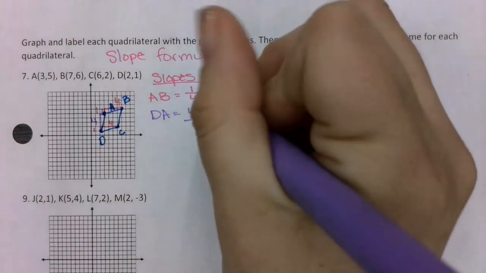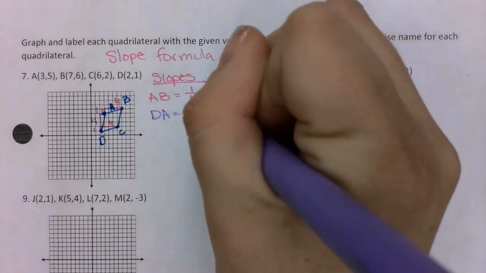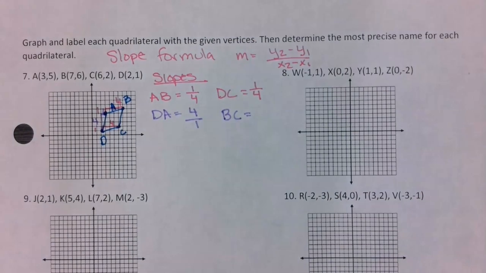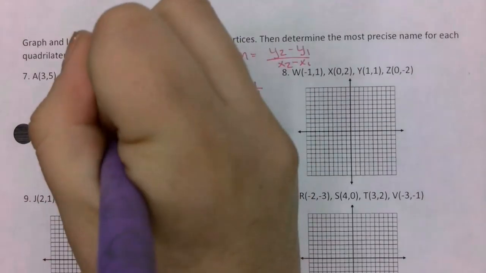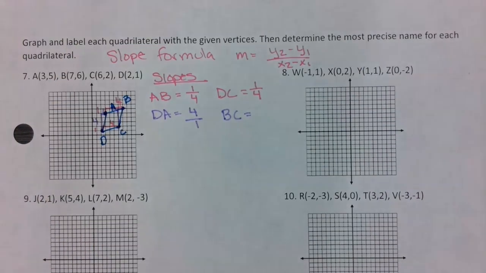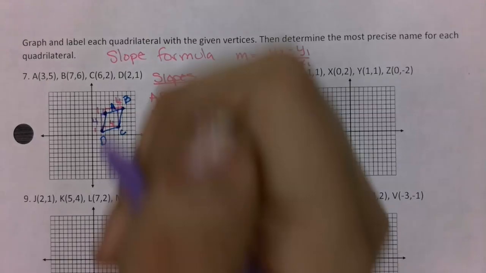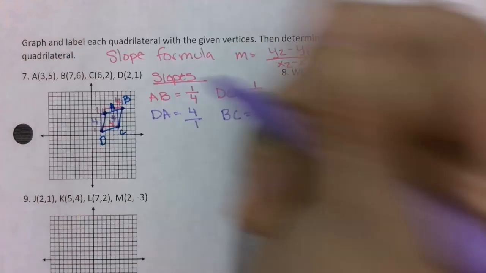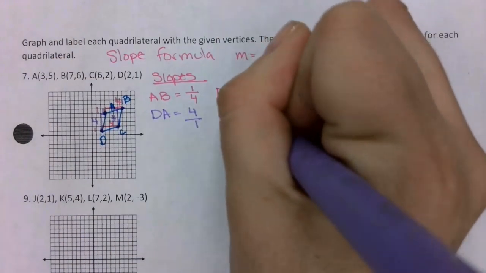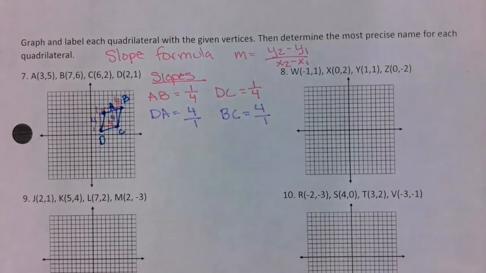Okay. Then I want to do the same thing for BC. So how many am I going up and over? Up 4 and over 1. Okay, so what do these slopes tell me?